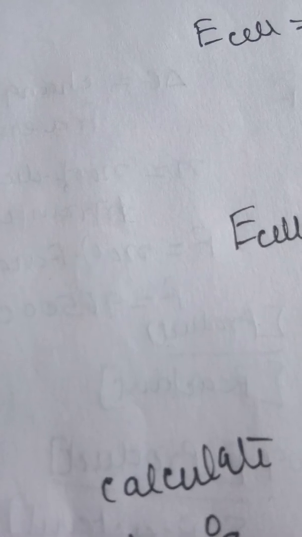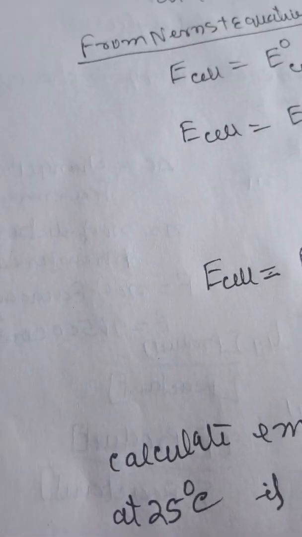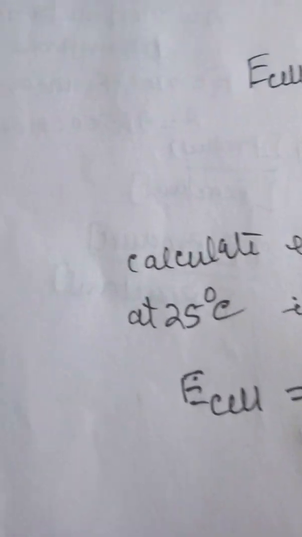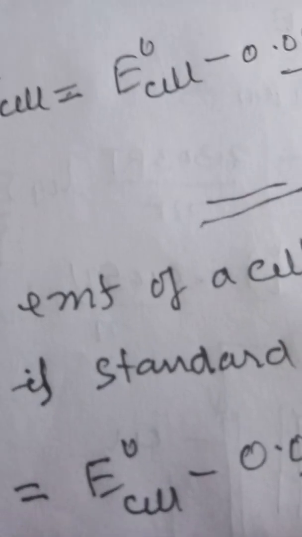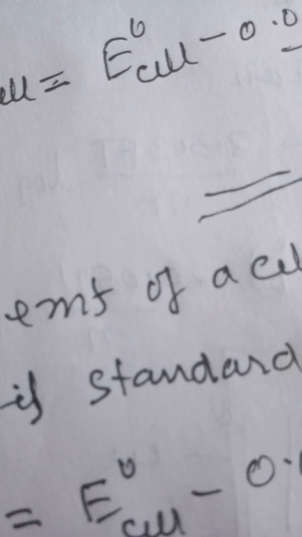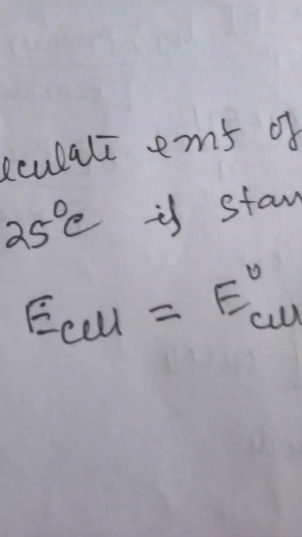So we can substitute all values in the Nernst equation. EMF of the cell is equal to E0 cell minus 0.0591 upon n log concentration of product upon concentration of reactant.